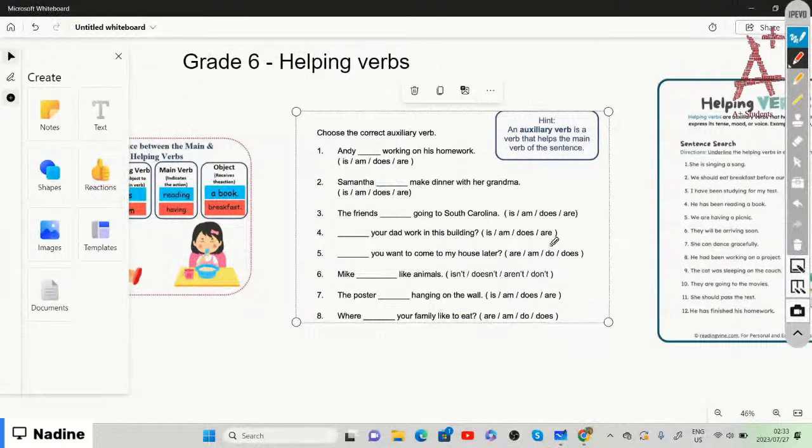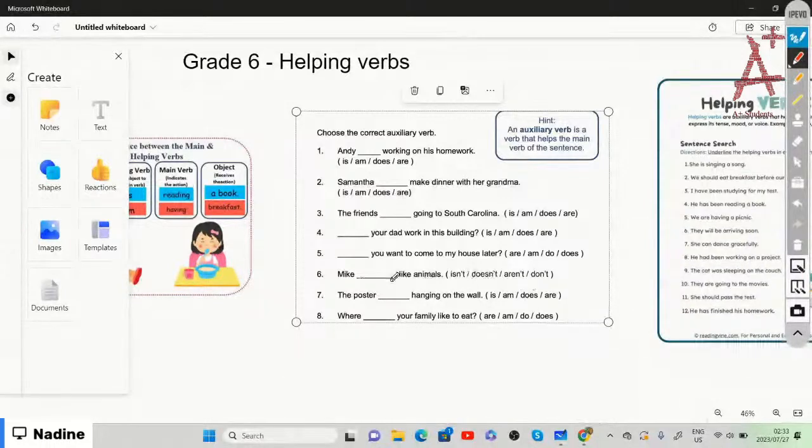So Mike isn't like animals, Mike doesn't like animals, Mike aren't like animals, or Mike don't like animals.